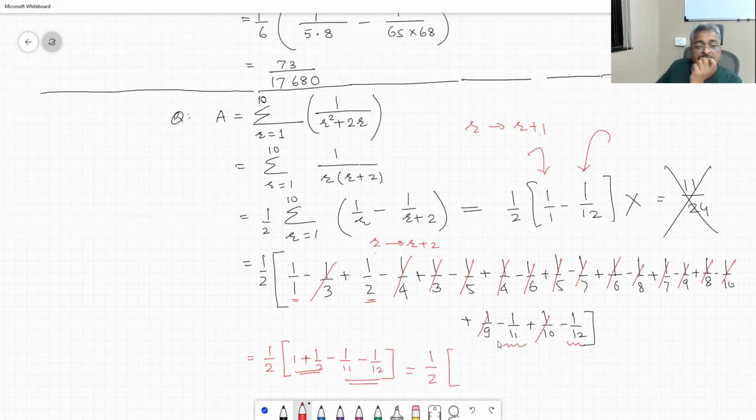What is going to be the LCM is 11 into 12. Correct?